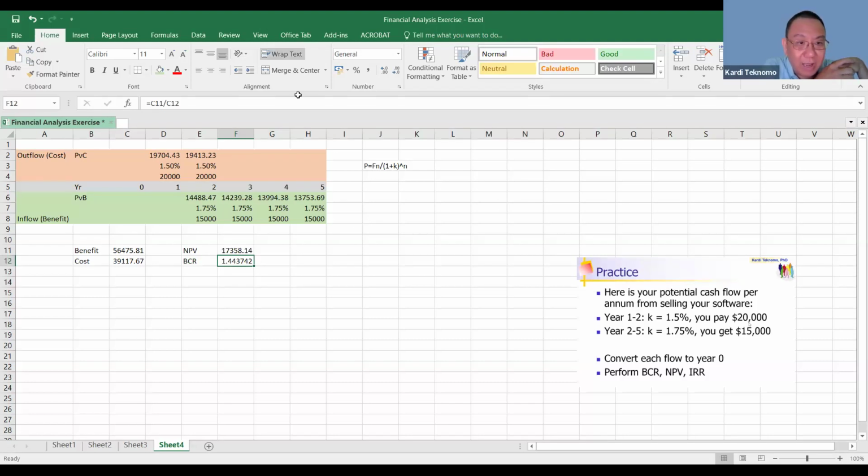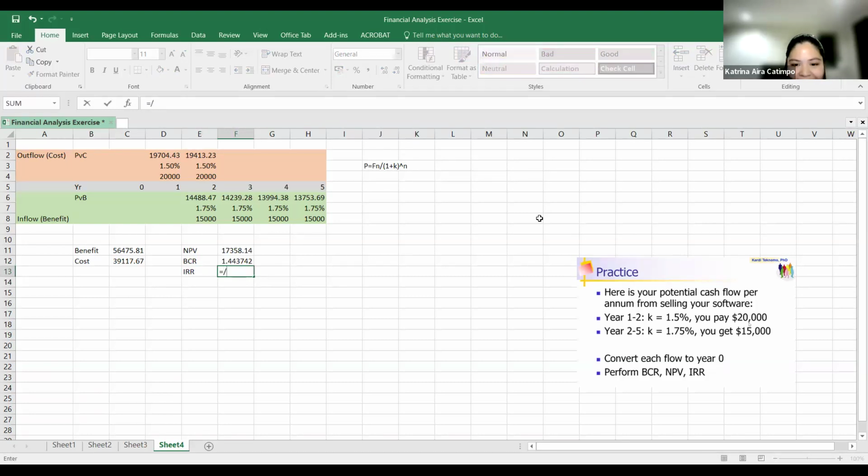Then can you calculate the IRR? Sir, how to calculate the IRR? Sorry. Minus equal IRR, and then you need to get everything in the sum of the total of the PV. Okay. So if cost must be negative, its gain must be positive.